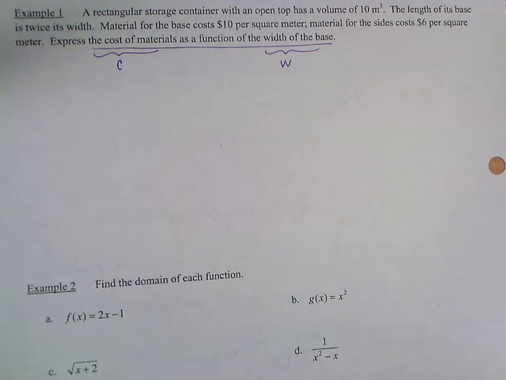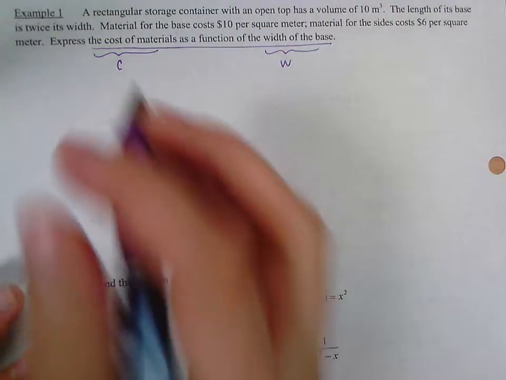So if I go back, we're talking about a rectangular storage container with an open top, and they give us its volume. I find it helpful, when appropriate, to make a sketch. In this case, I would sketch a rectangular storage container, a rectangular box, and label my length, width, and height of that box.